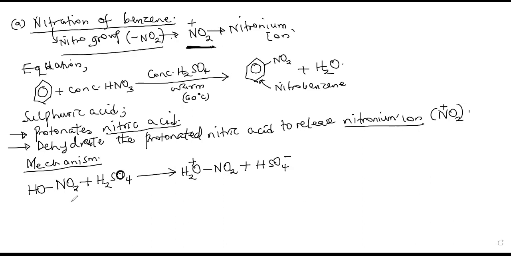Now, what happens is that it will also play another role of dehydrating the protonated nitric acid. The protonated nitric acid is this. So sulfuric acid will come again to dehydrate, that is, to remove the element of water. We have our protonated nitric acid, we add sulfuric acid again, and the sulfuric acid is going to dehydrate by removing water.